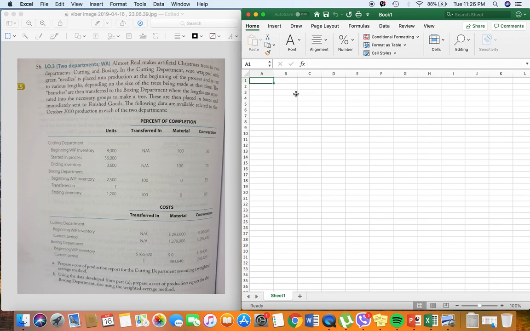So to illustrate, I have lifted a problem from the Cost Accounting Principles book of Rayborn and Kinney. Let us read the problem and we will answer it as we go along. Almost Real makes artificial Christmas trees in two departments, cutting and boxing.